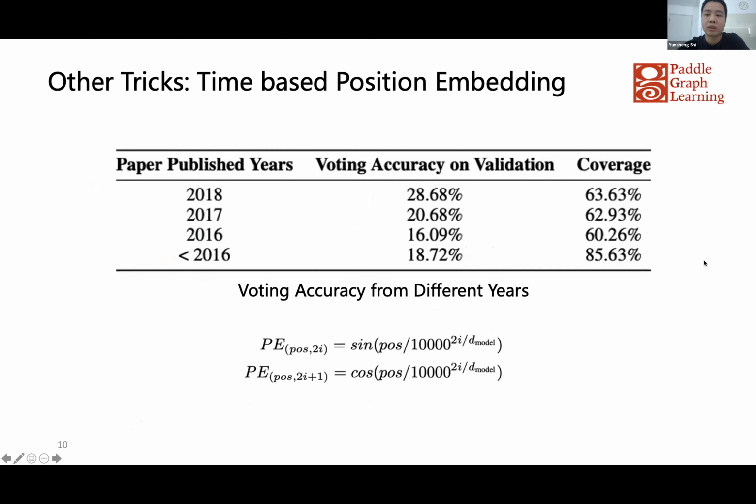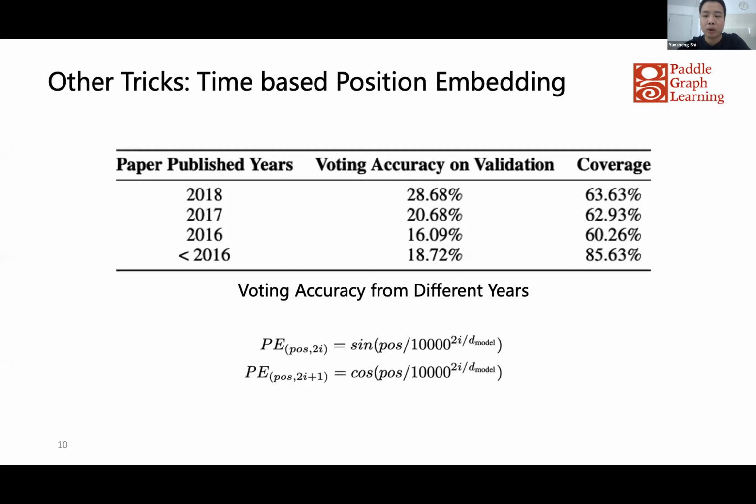After introducing our RUNMP modeling, we also want to present some tricks we used in this competition. The original RUNMP only used the text feature as the baseline. In this work, we want to find out the relationship between paper published time and prediction result for this citation graph.